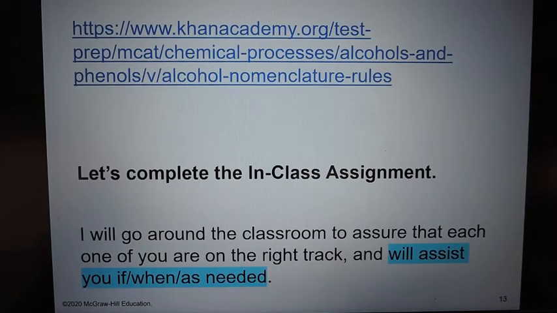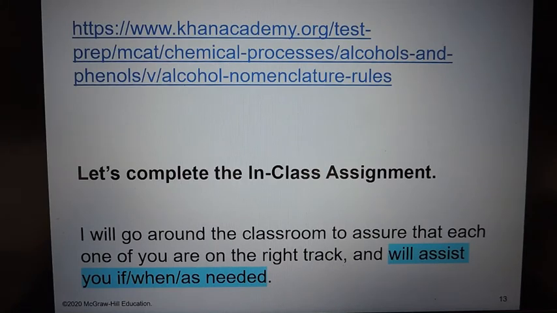Let's watch this video to learn a little more about how these alcohols are structured and therefore their names. And after watching the video, we will complete an in-class assignment.